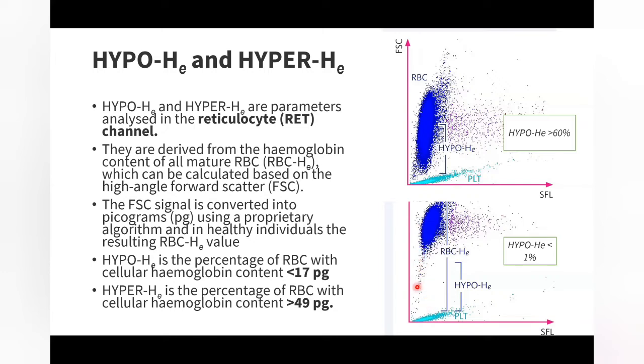So there is a lower percentage of cells falling in this region, and here the Hypo-He value is less than 1%. So Hypo-He is basically the percentage of RBCs which have a hemoglobin content less than 17 picograms. Again, you can see here it can be easily picked up. It is a proprietary algorithm, and you can identify it here like this.